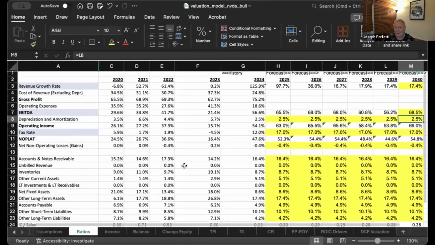Okay, and so why might they grow faster? Well, again, we're still in the early innings of AI. I don't think it's going to be gaming that's going to drive their growth rate higher substantially for the size of the company that they're becoming. It's all about AI. And the idea is that, we just said they're dominant in the cloud. Their chips still are the best patent protected chips in the industry.